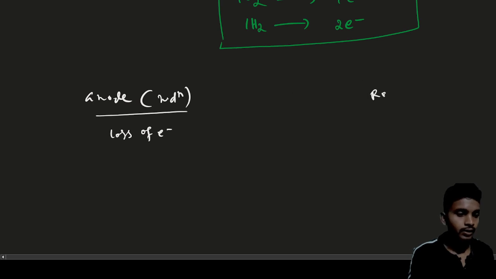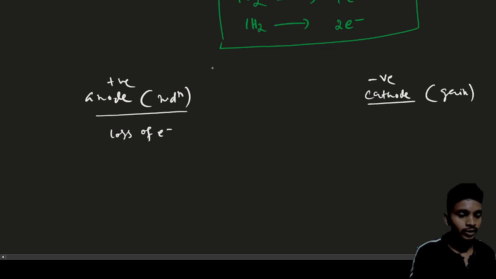And here will be reduction, the cathode, which means gain of electrons. This rod is positively charged and this one is negatively charged.